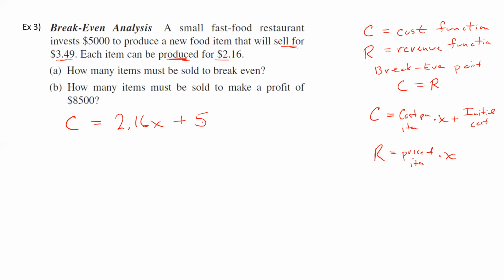And so our cost in here is that much right there. And we'll see how the subtraction of those two is going to happen in just a second here. Cool. I got a revenue function. Now, since we're selling it for $3.49, there's that little guy there. So two functions are set in place.